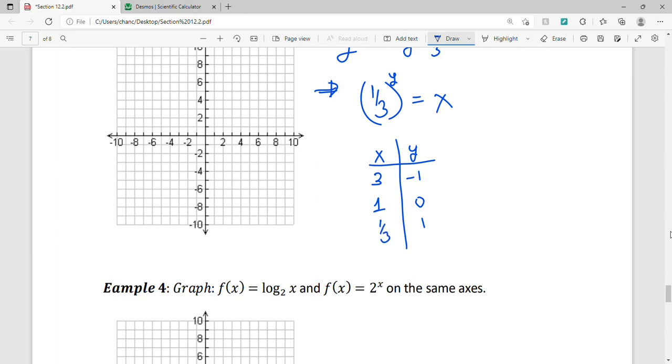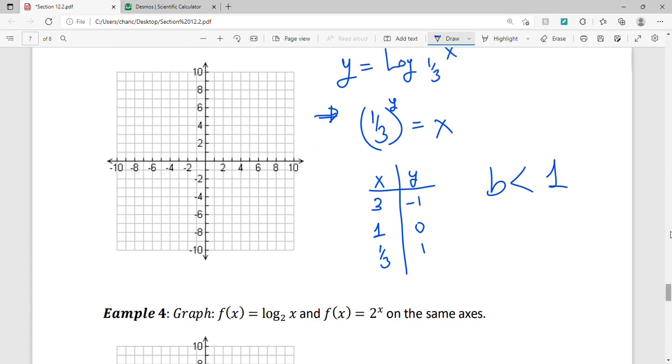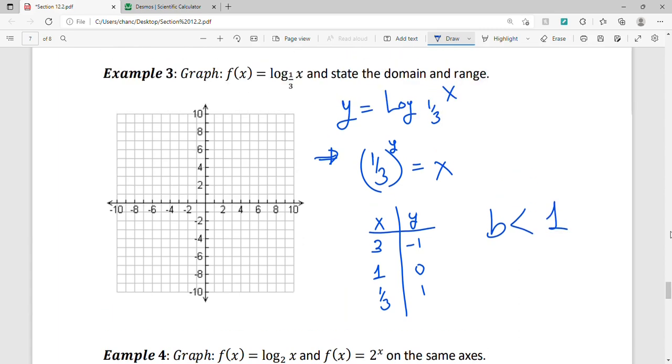So what happens when the base is less than 1? Let's see what that changes in our logarithmic function. It's 3, comma, -1. 1, comma, 0, and 1/3, comma, 1. So what happens? It actually flips our logarithmic function upside down, and it does affect the graph.